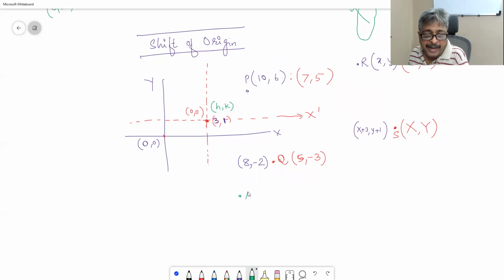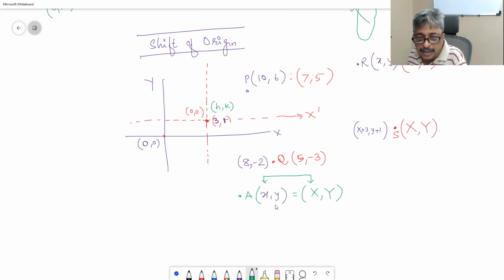Point A in the old coordinate system was x comma y, and in the new coordinate system it is X comma Y. How is this x related to this X, and how is this y related to this Y?